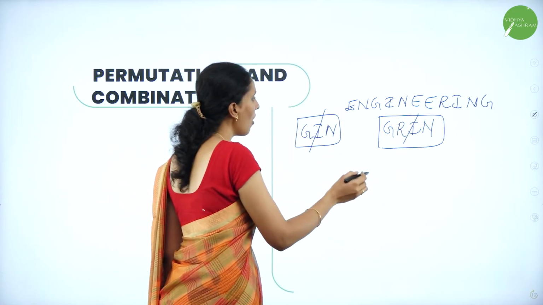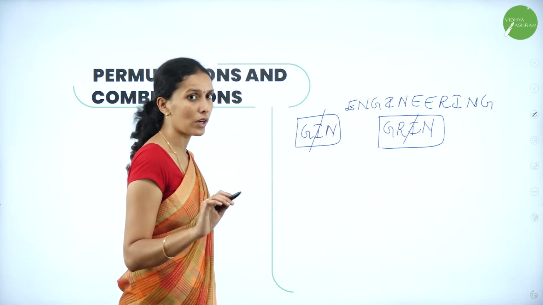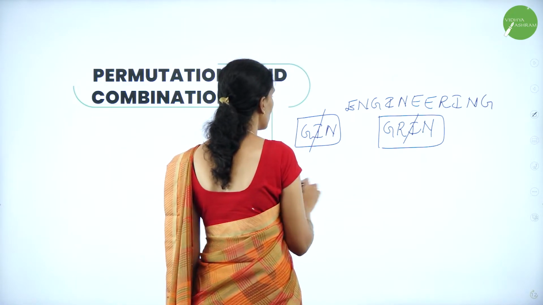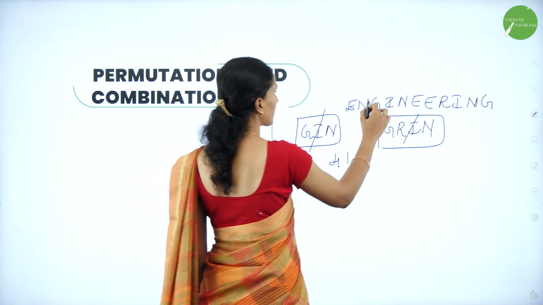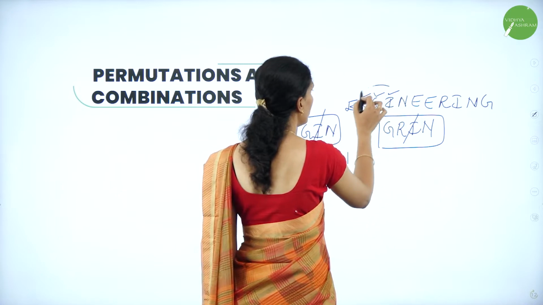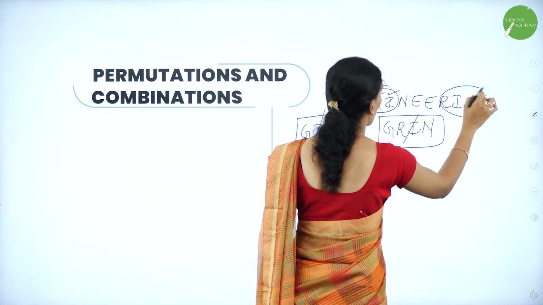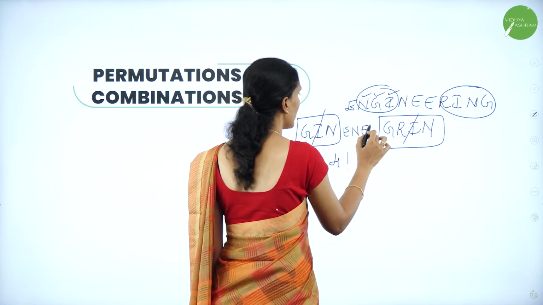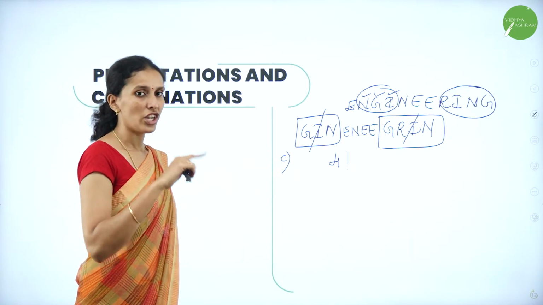Along with this, how many letters are remaining? We are left with only 4 letters. So my answer for this question is 4 factorial. See here, G, I, N, this one you cannot take in count. Here, GREEN means RING, you cannot take in count. We are left with E, N, E, E. Only 4 letters are remaining, and you can change their order.